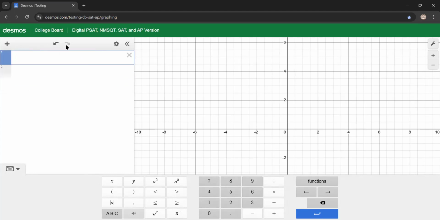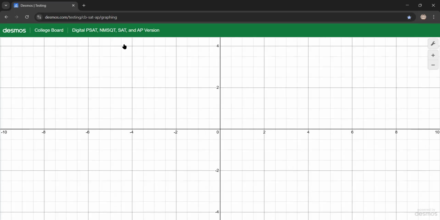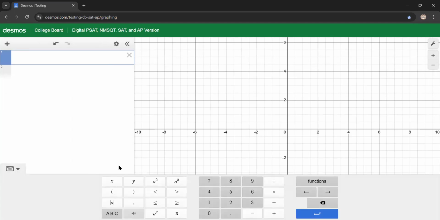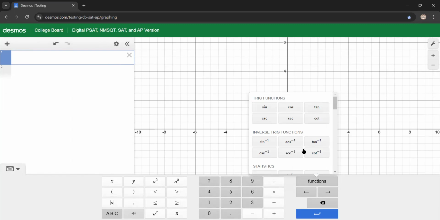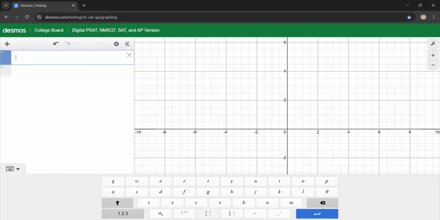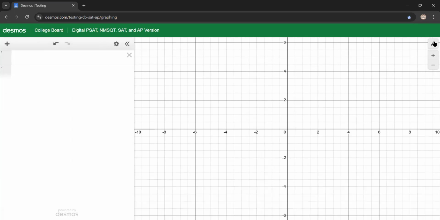Here you have undo, redo. Settings option. You can close this expression list, open it up. And here you have the virtual keyboard. Here you have everything. Here you have functions, all of the functions, and then here you can go to the keyboard. Then you have settings options.